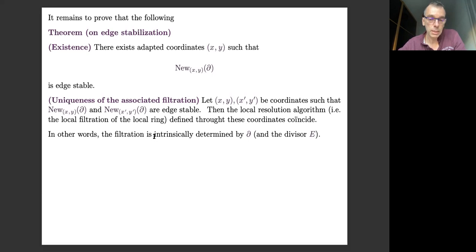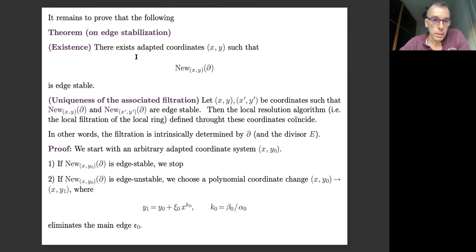But with this statement, it's clear that if the vector field has some symmetry, since the filtration is intrinsically determined by the derivation, this symmetry will also be inherited by the filtration. So the filtration will also be G invariant, and in this way we can make a blow up which respects the group action and get a new orbifold by blowing up.